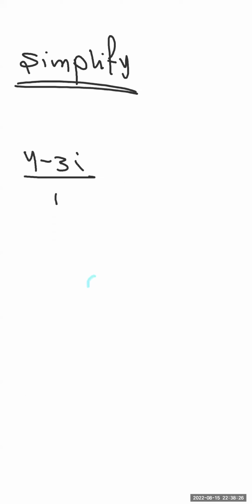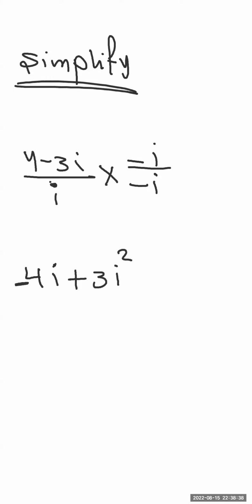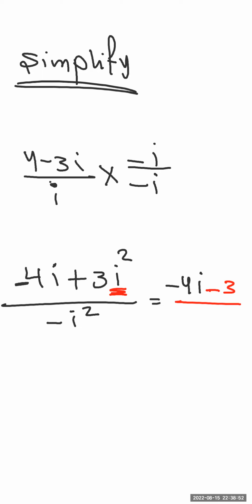Now I'm going to multiply i times 4, or negative, sorry, because it's a negative i, so negative 4i. Negative times a negative is positive 3i squared over i times a negative i squared. So now negative 4i, and i squared is negative 1, so negative 3 over i squared means negative 1.